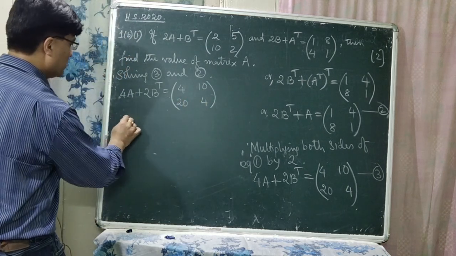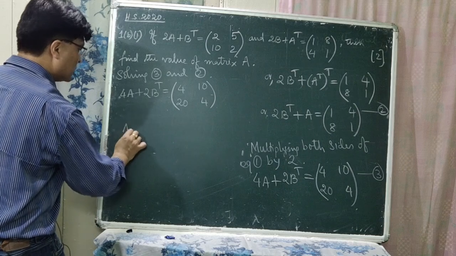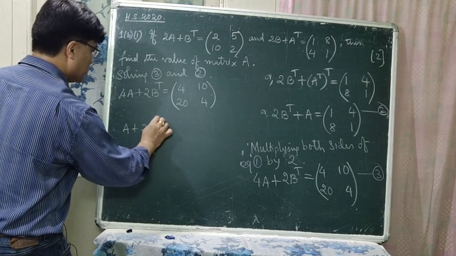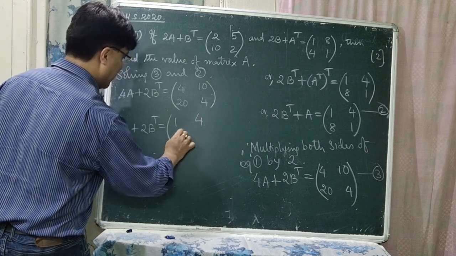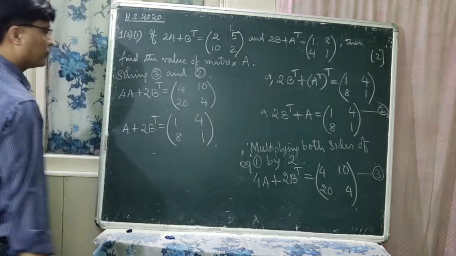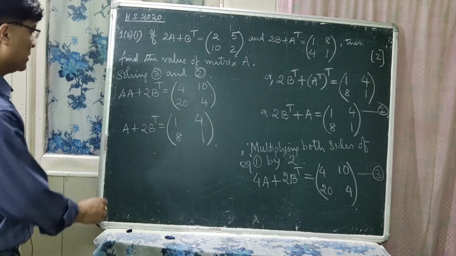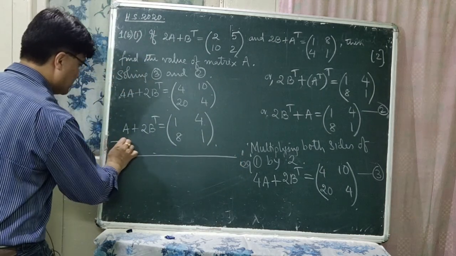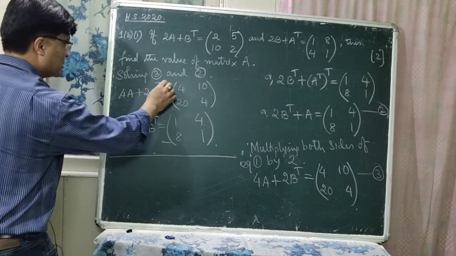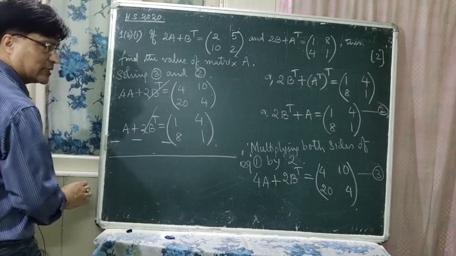And then write down number 2, that is, let us write A first, then plus 2B transpose, which is equal to [[1, 4], [8, 1]]. Now let us subtract it. Here 2B transpose gets cancelled.